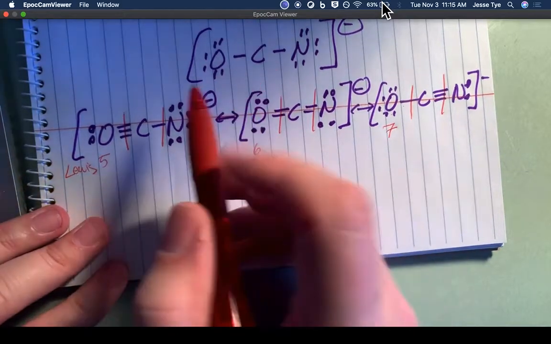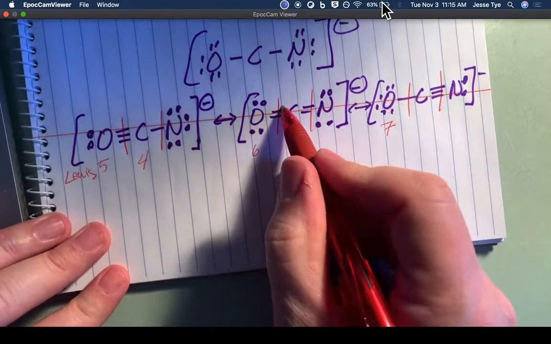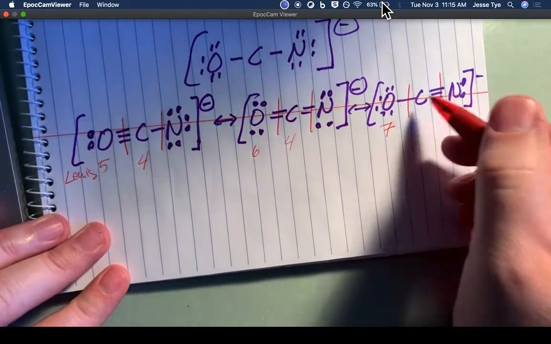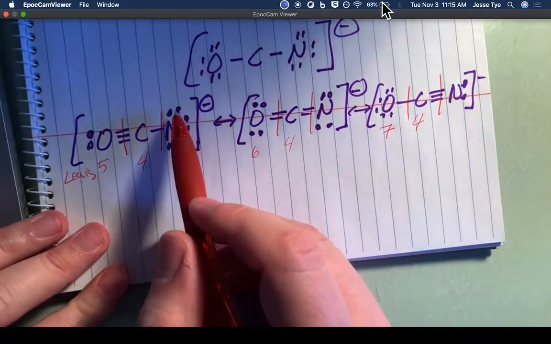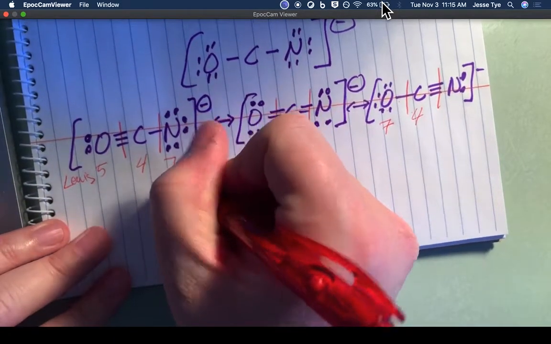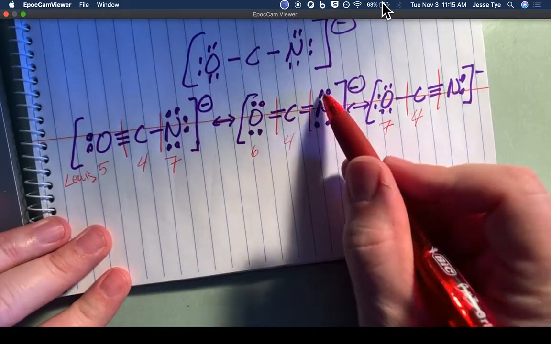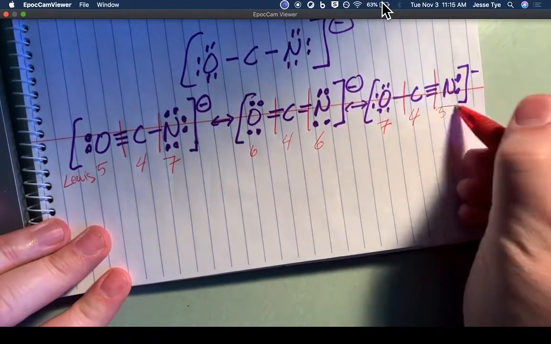Carbon has 4 in this Lewis structure, 4 in this one, and 4 in that one. And now finally, nitrogen has 7, then 6, and then 5.